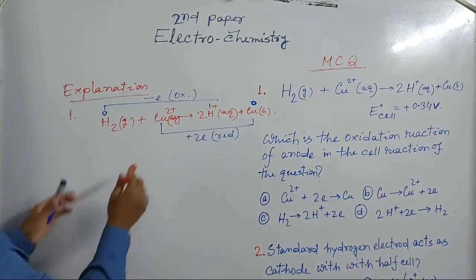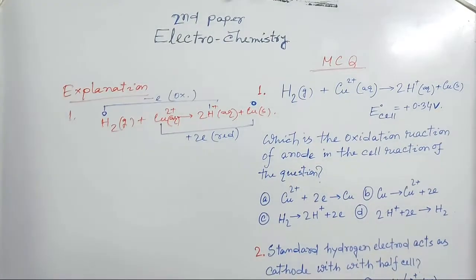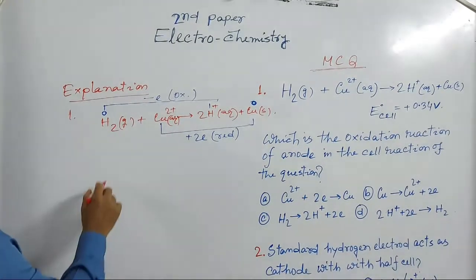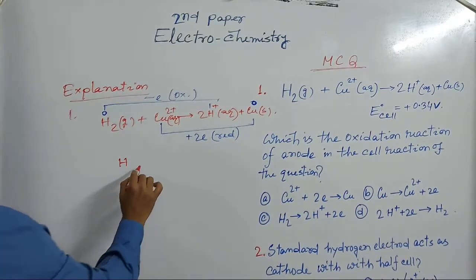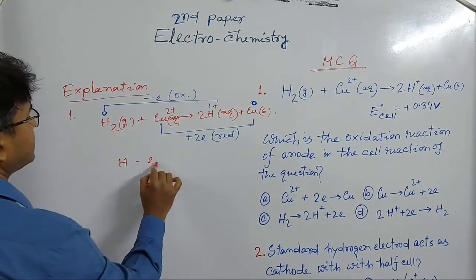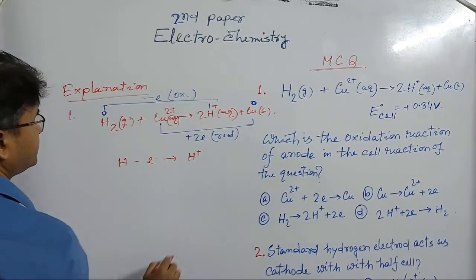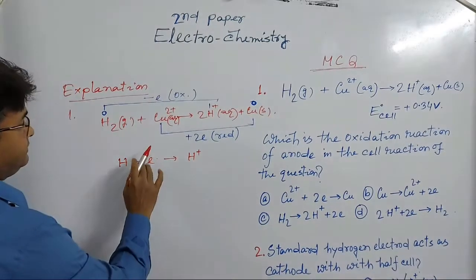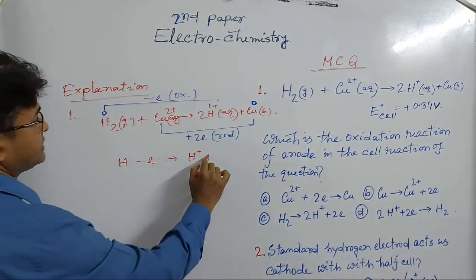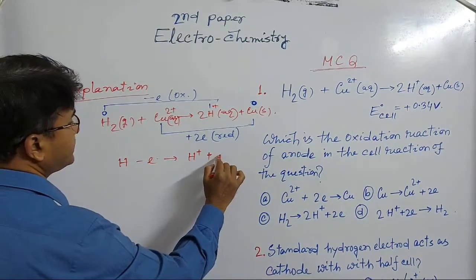Now if I write both of the oxidation and reduction reaction separately, it will be hydrogen releases one electron to form H plus ion. But dear students, internationally the released electrons are written at the right side.